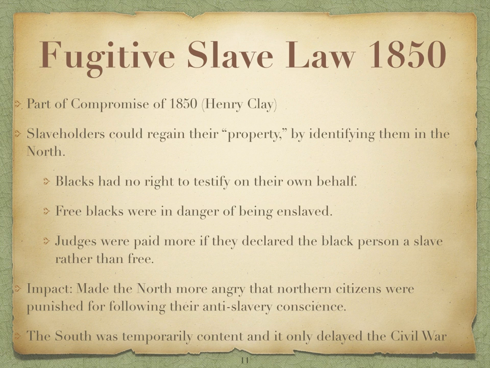Blacks who were captured by the police and couldn't prove that they were free blacks, the white people that came from the South could just take them back. By the law, Northerners were supposed to catch black people and hold them until their owners could be found, which offended many, many of the Northerners. It made the North more angry; Northern citizens were punished for following their anti-slavery consciousness.